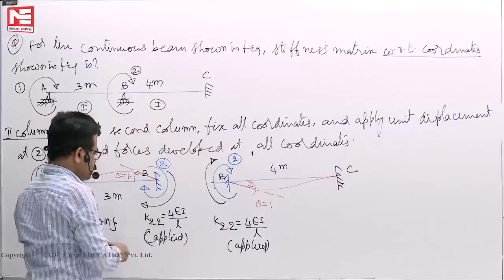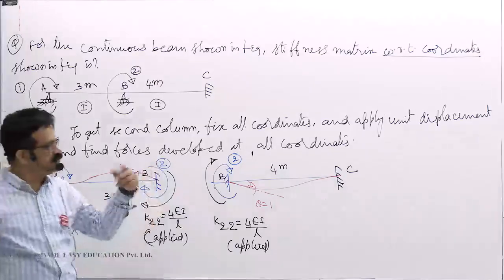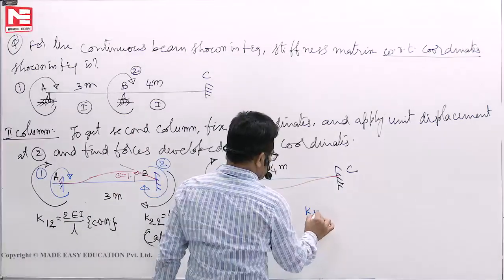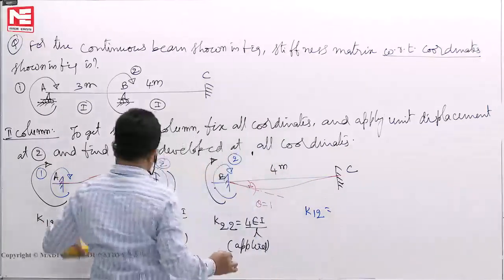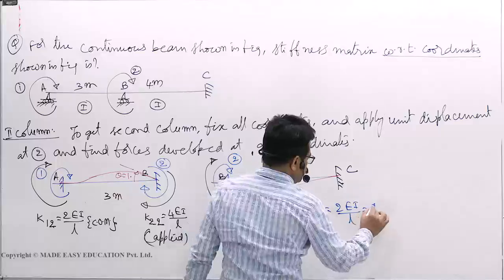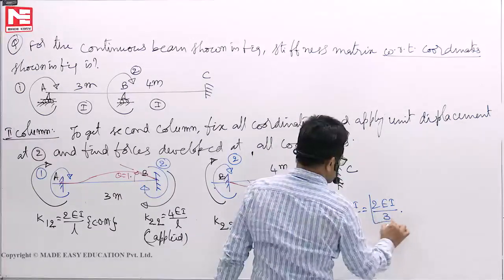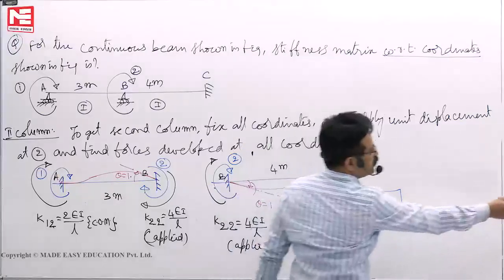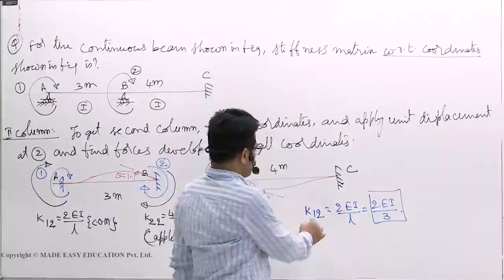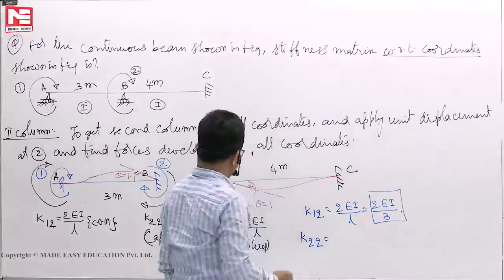So K22, wherever 4 EI by L, K22 is there, you have to add them. So this is K12, directly I will write. K12 is 2 EI by L, means 2 EI by 3. See K12, in this case K21, 2 EI by 3, the same we got. K22, force at 2 because of unit displacement at 2.